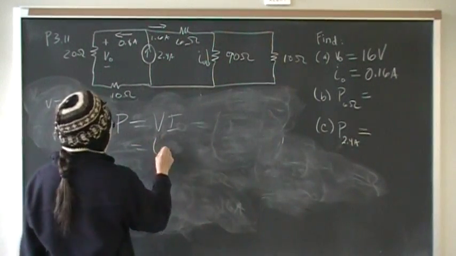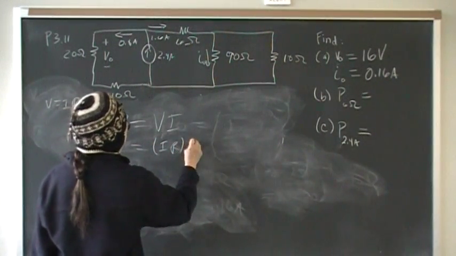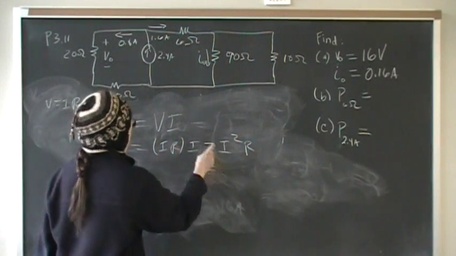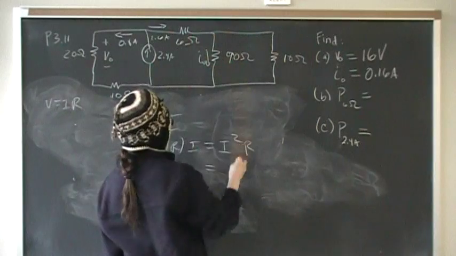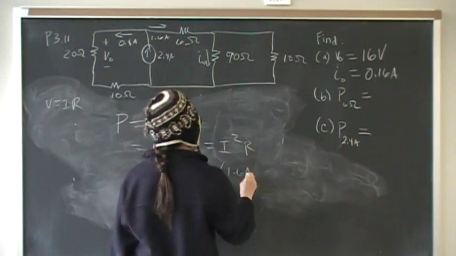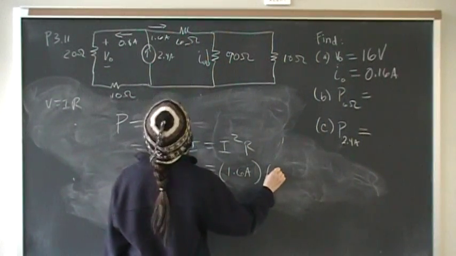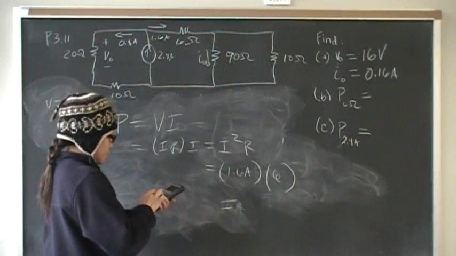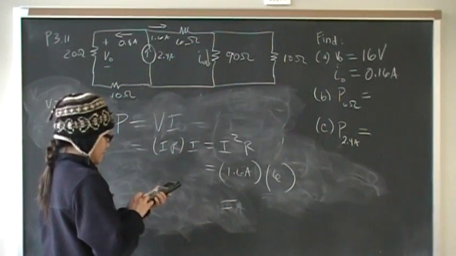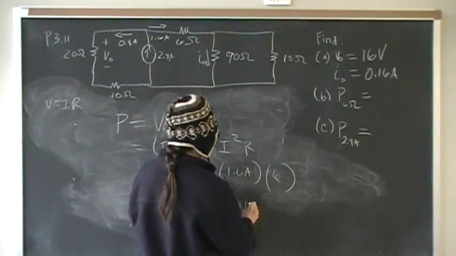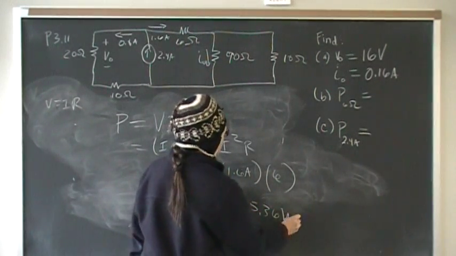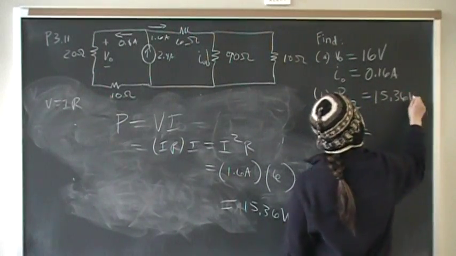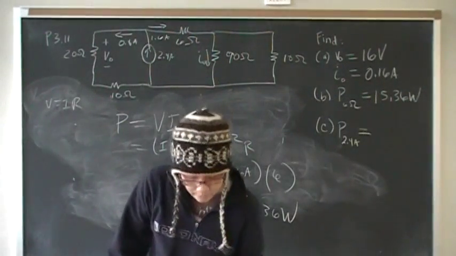So V equal to IR times I gives me I squared R. The I that's going through that is 1.6, and the resistor is 6 ohms. That gives me 1.6 squared times 6, which is 15.36 watts. And that's what I got before.